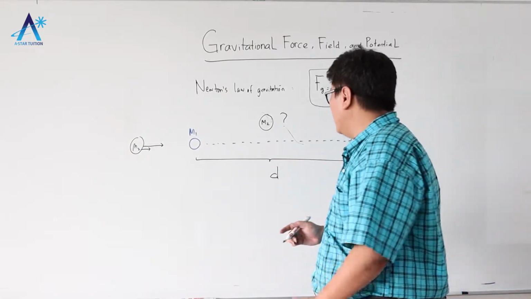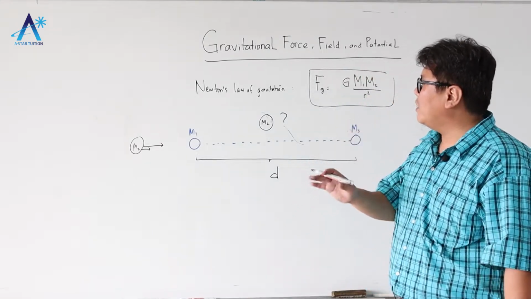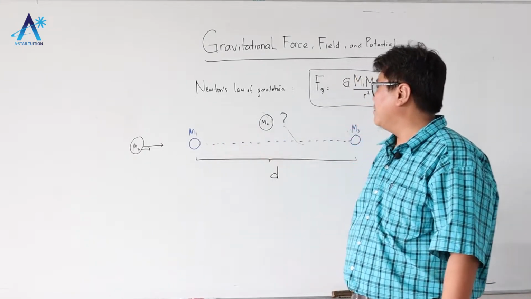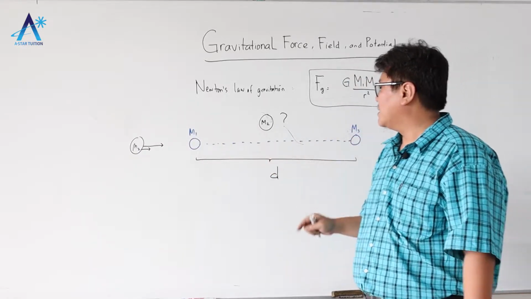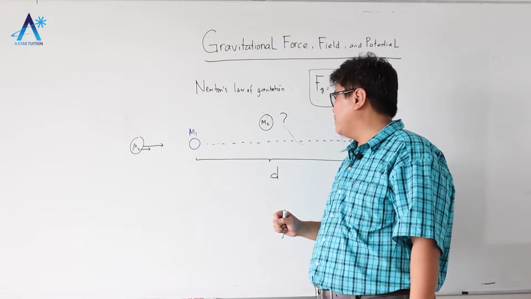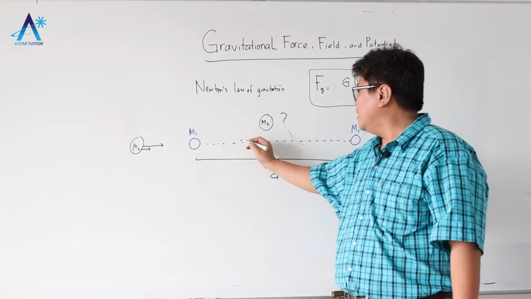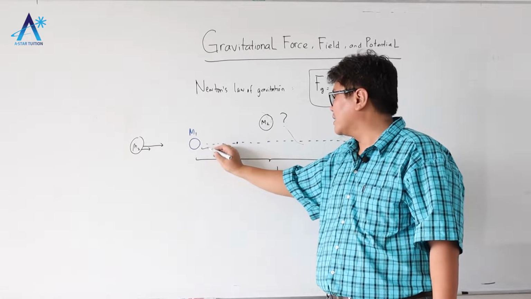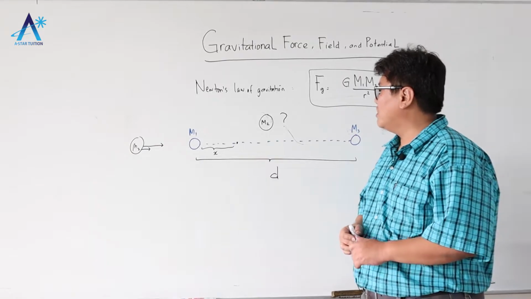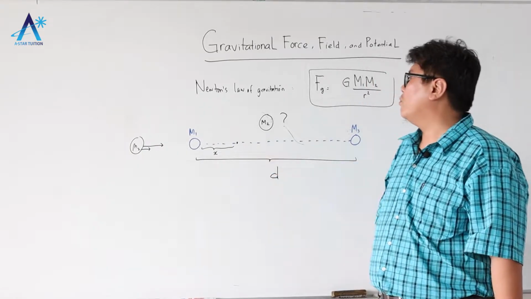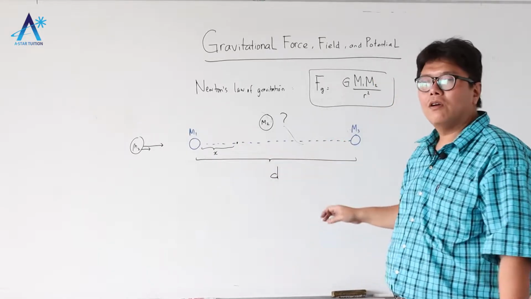Let's say that the point in between m1 and m3, such that the gravitational force on m2 would be 0, is here. So this is x. Here I choose it to be closer to m1, but it actually doesn't matter. It could be closer to m3 or it could be in the middle.